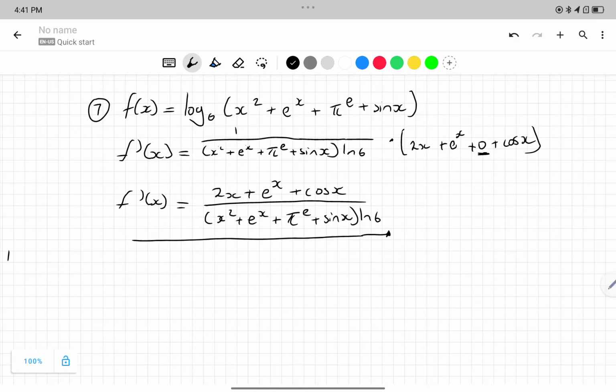Let's just prove something in logarithmic functions.